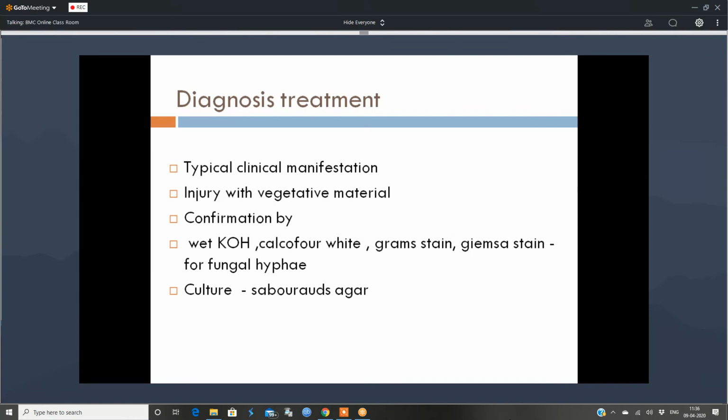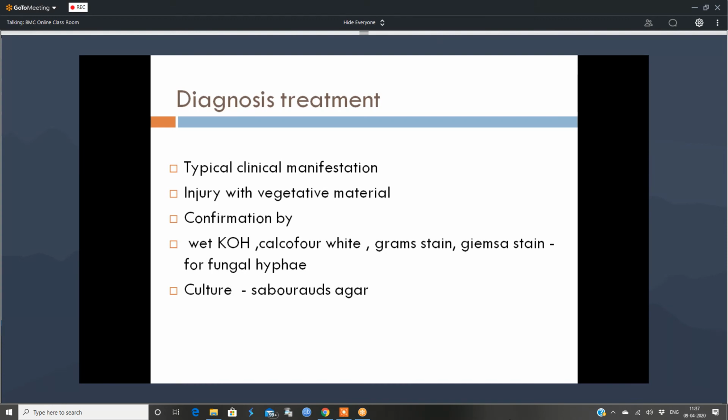So now how do we go about the management of fungal corneal ulcer? As I told you, depending on the clinical features, we make a diagnosis of fungal keratitis and we start antifungal treatment empirically.